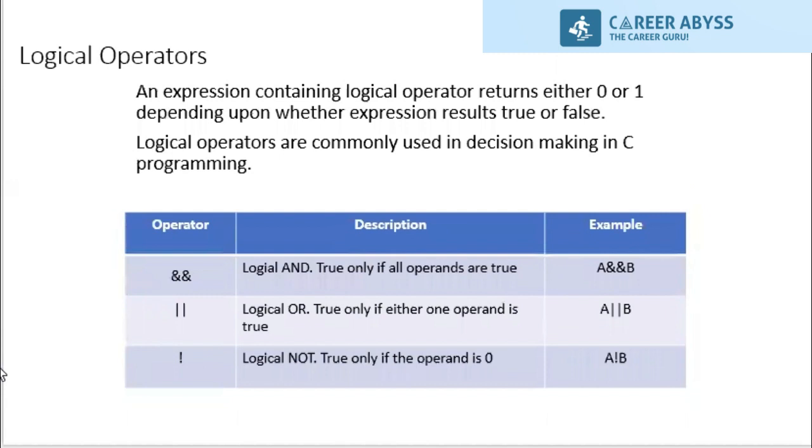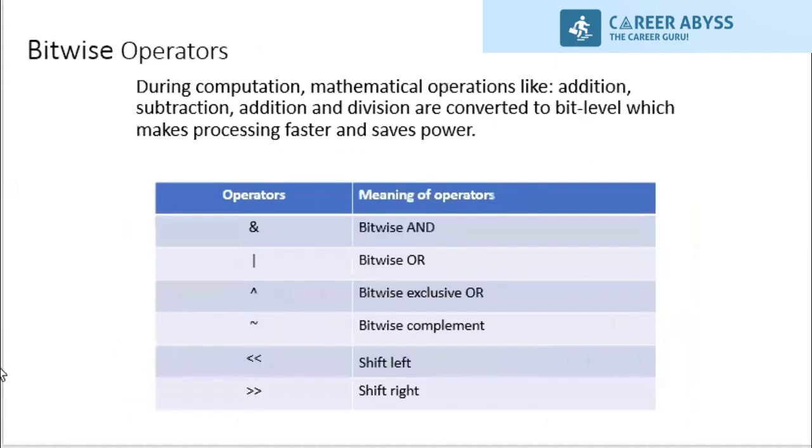We have a logical operator as well. The logical operator returns the value either 0 or 1, depending upon whether the expression results true or false. So very binary in nature.